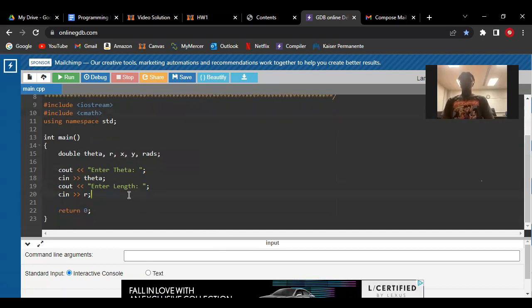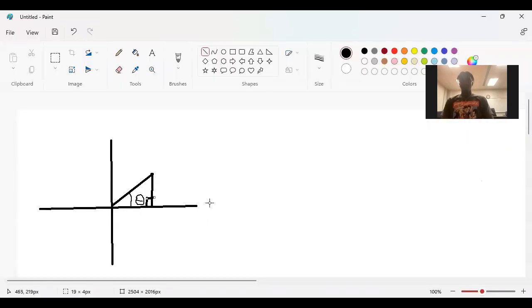So now that we have our variables defined as well as our inputs, what do we want to do to our values in order to find an x and a y length? If you know your trigonometric functions, you know that sine can be described as the length of the y part of your triangle, and cosine can be used as the x length of your triangle.